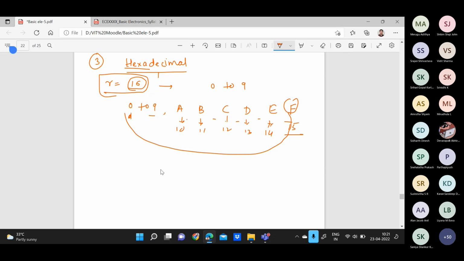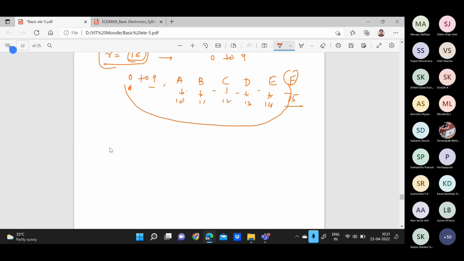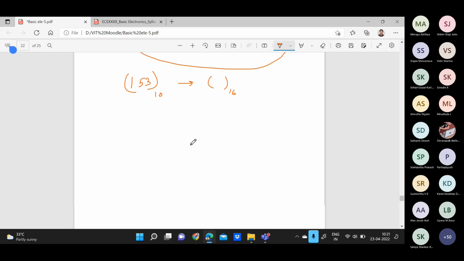For example, I am telling you first in decimal, you have 153. This is in decimal and you need to convert it to hexadecimal. What will be the procedure? Tell me the procedure first. You need to divide or multiply. First, you tell me, divide or multiply.